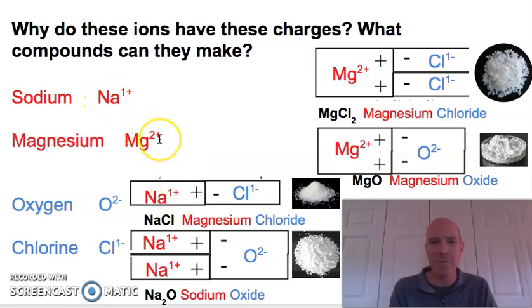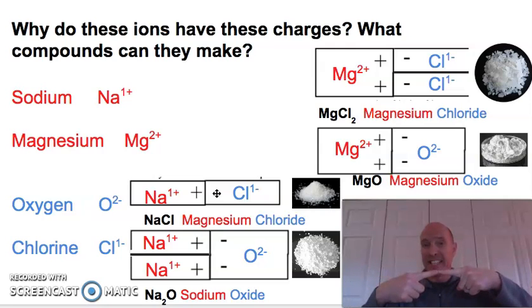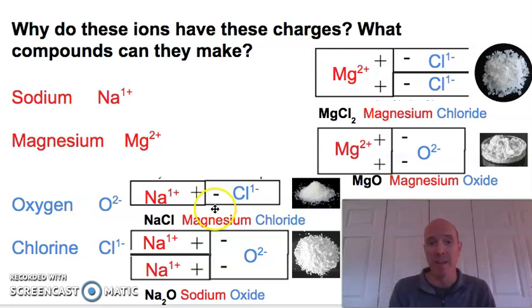Well, it can't join with magnesium. Positive and positive repel, but it can join with chlorine, Na 1 plus, chlorine 1 minus. The size of this box shows it's just 1 plus and 1 minus. If it's 1 to 1, it's the easiest. It balances out. And we just write NaCl.